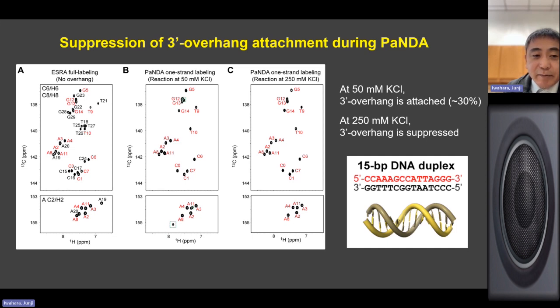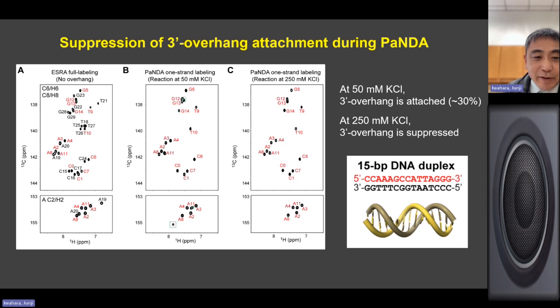Okay, so this is basically produced by the PCR method using restriction enzymes, and in this case, both strands are labeled. This is single-stranded DNA labeling by PaNDA.